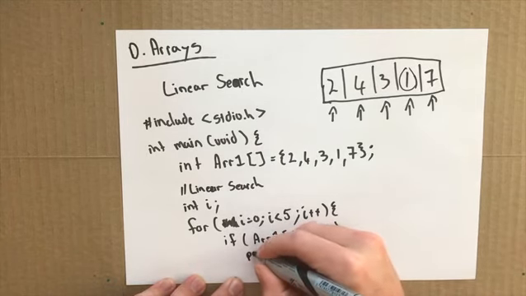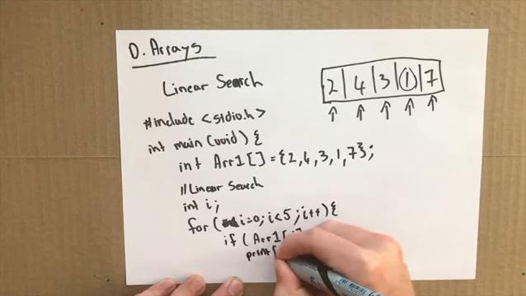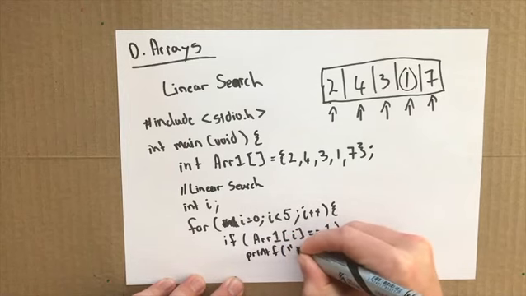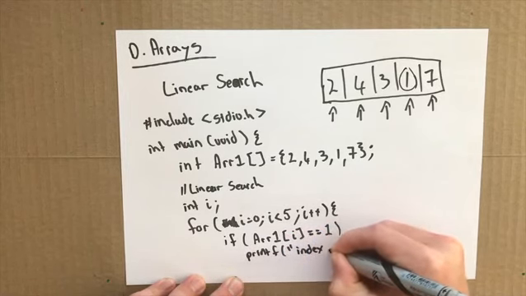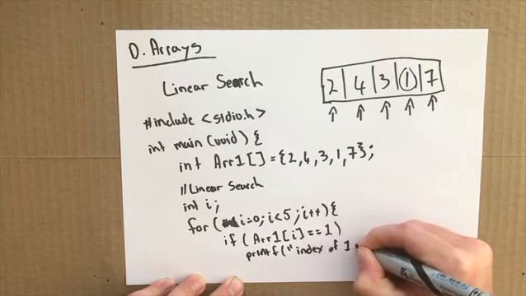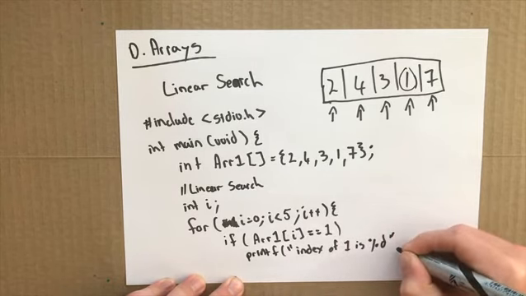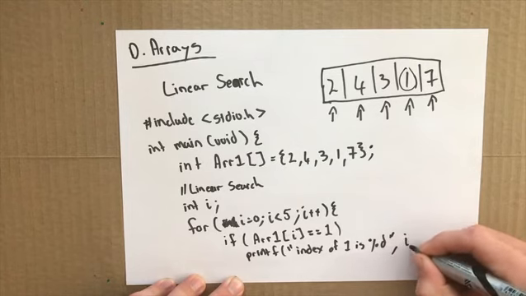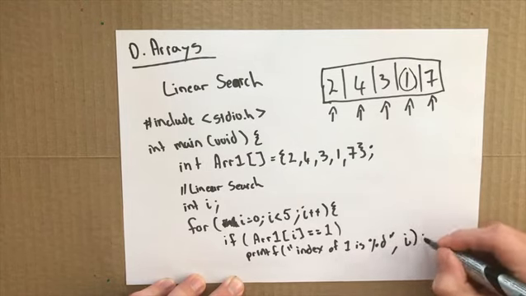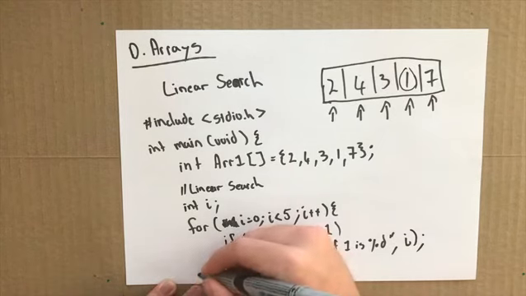And then we can use a printf: index of 1 is i. So we have found the index, and there you have it.